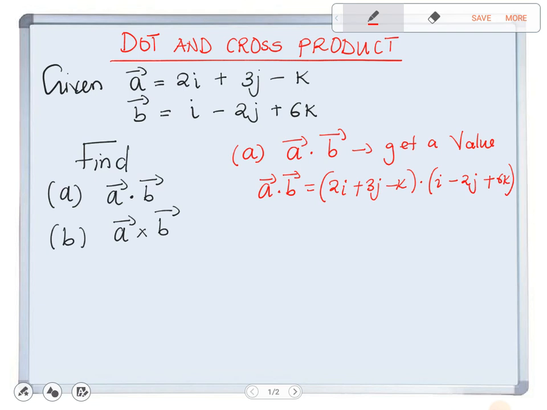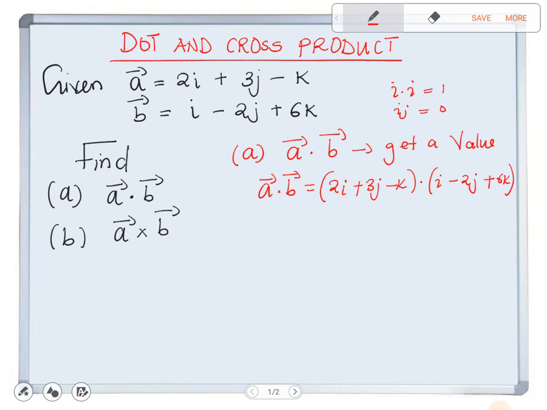One thing that you need to know about the dot product is that when you're multiplying the same component, like i and i, this is just a 1. But if you are multiplying different components, this is just a 0. That's why even if you try to multiply 2i and 2j, you still get a 0, so there is no need of multiplying them. So we are just going to multiply those having i's together, those having j's together, and those having k's together.